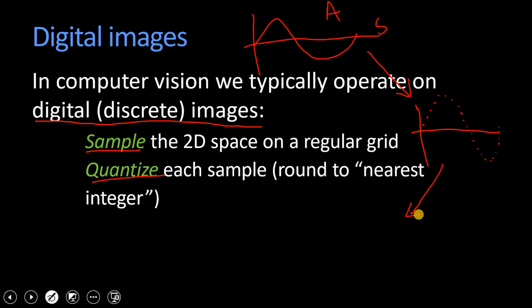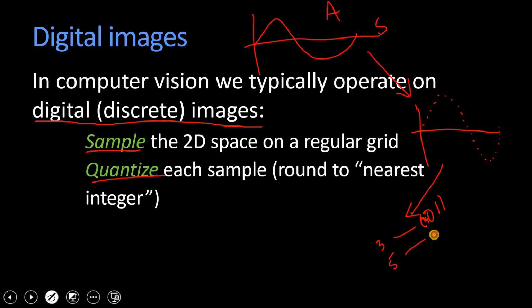And then in the second step, after the sampling, each sample that you take, you will convert it into a digital value. You will represent it with a binary value. So let's say the first sample you represent as 3. In binary, 3 is equal to 0, 1, 1. The second value is 5. In binary, maybe you use 4 digits, 4 bits.